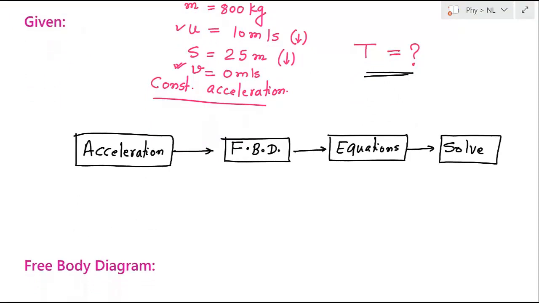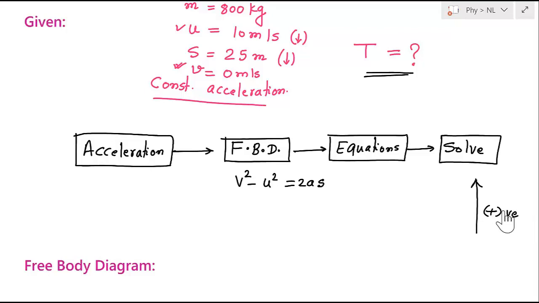So first thing is to find acceleration. So how will you find acceleration? You have to use a kinematical equation, and in this case we will use v² − u² = 2as. So you may remember this formula, v² − u² = 2as, where v is the final velocity, u is the initial velocity, a is the acceleration, and s is the displacement covered. Now in this case we need to have a sign convention also. So let us assume the positive direction is the upward direction.